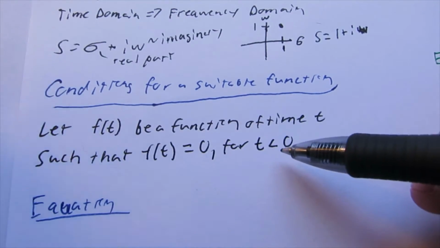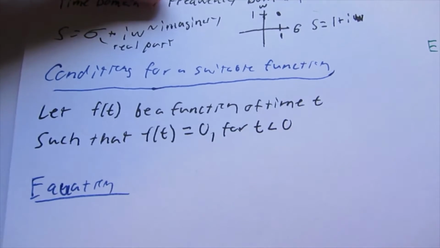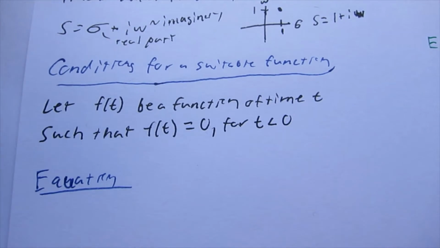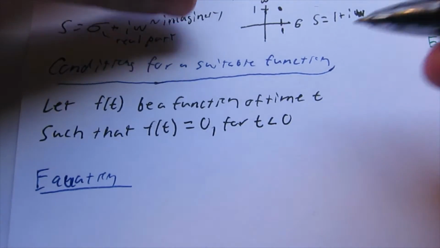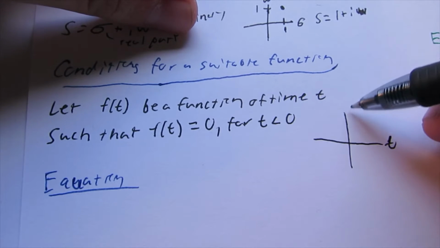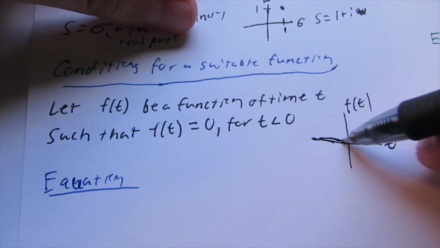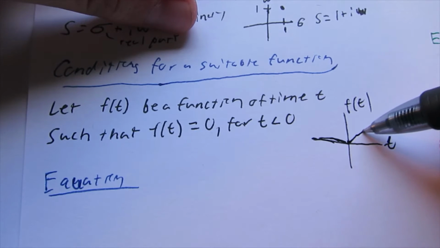So we can't really have negative time. When time is less than 0, the function of t is just 0. If you were to draw this on a graph, we have time t here, and this is some f of t, it needs to be 0 when t is less than 0.